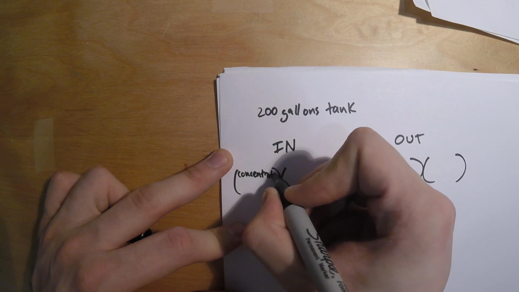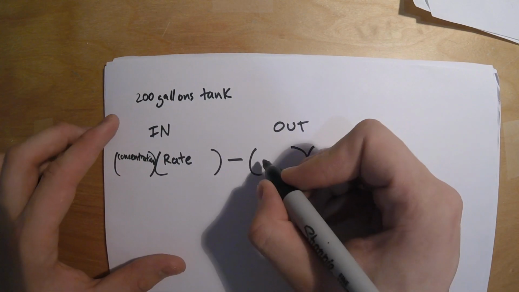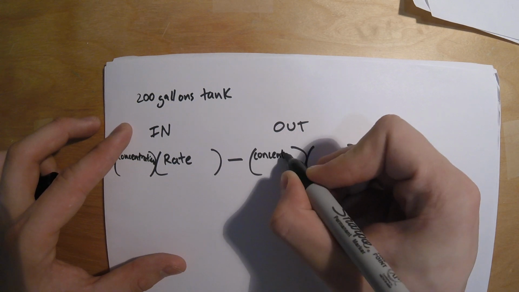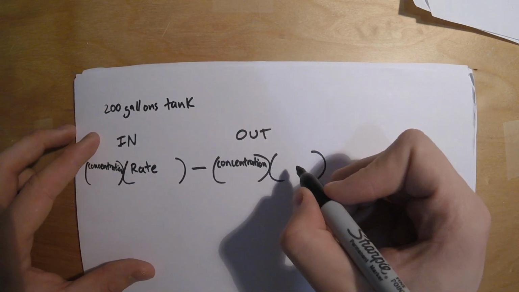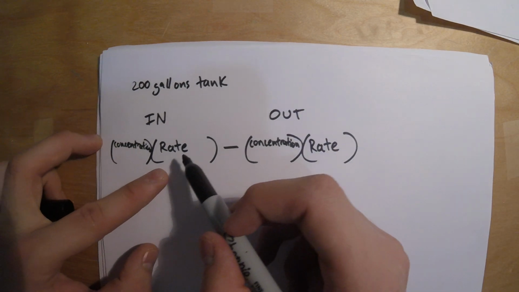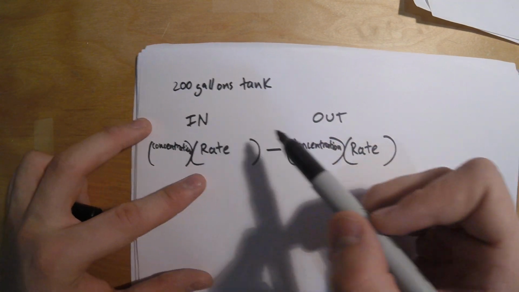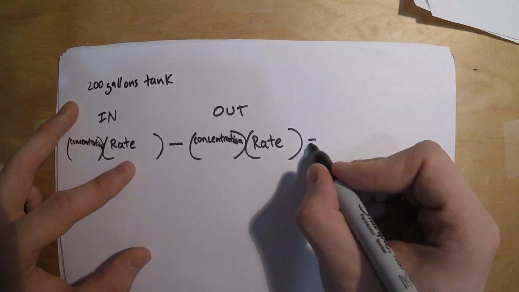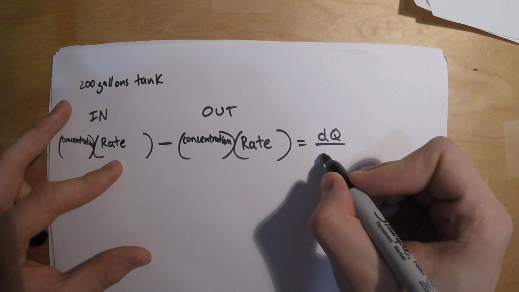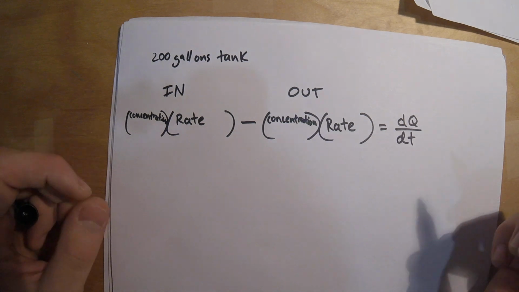Here we're going to write concentration, and here rate. Once again, concentration, and here rate. So we have concentration times rate minus concentration times rate. Notice here it says in and here it says out. Everything right here is going to equal dq/dt. So this is how our differential equation should look.